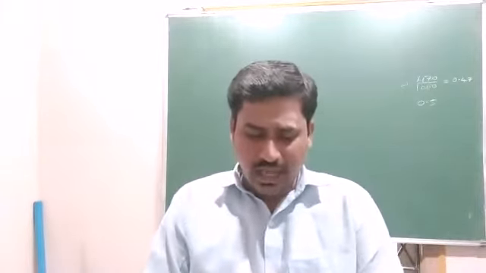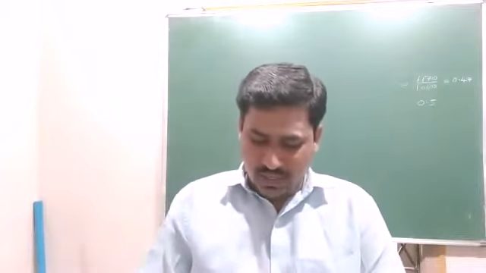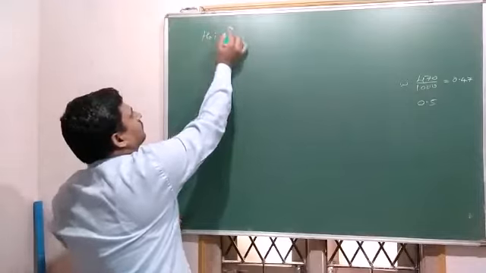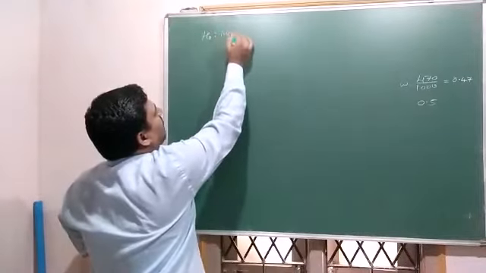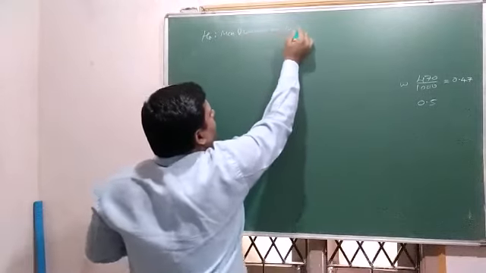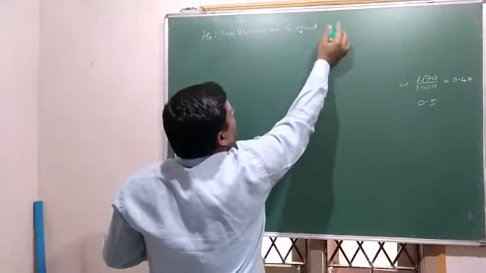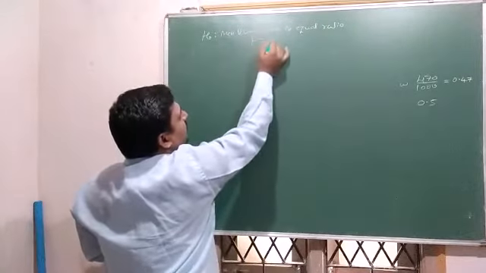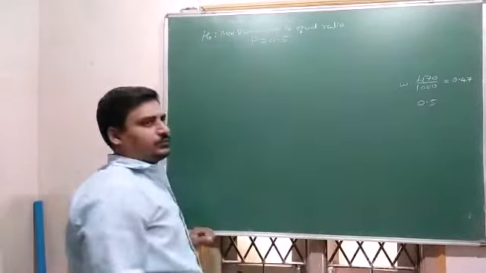Now the hypothesis. What should be the hypothesis here? H naught: men and women are in equal ratio, that is P is equal to 0.5.